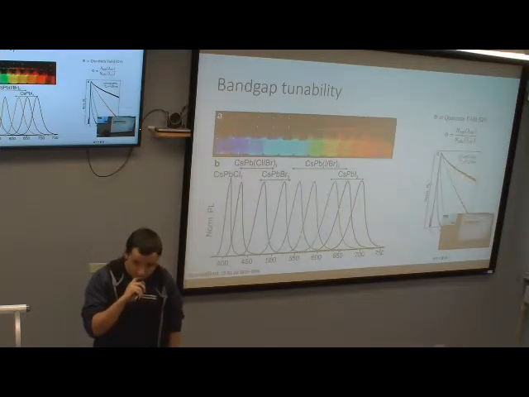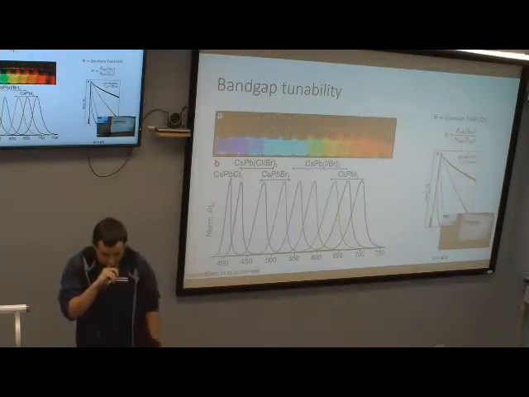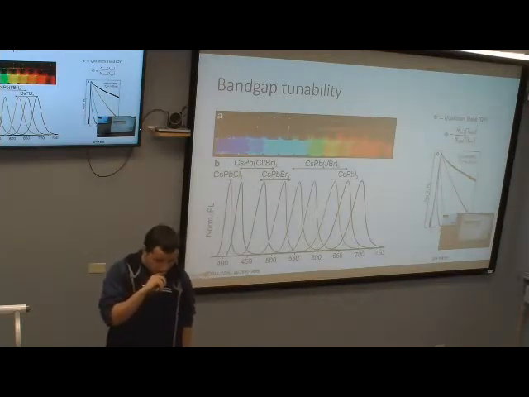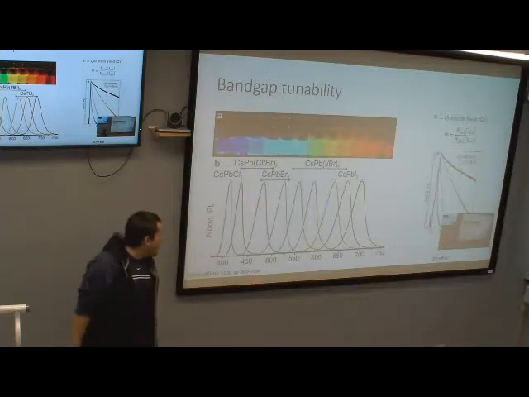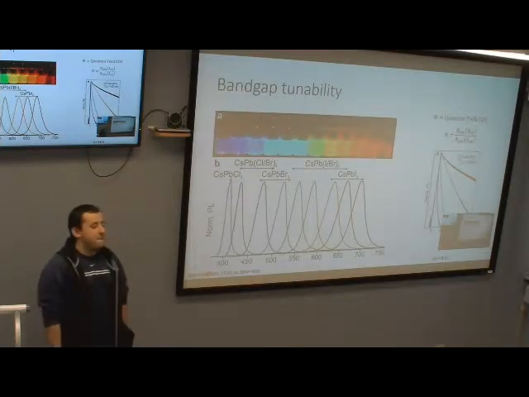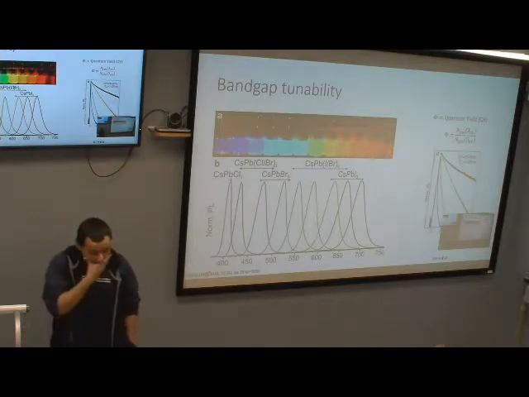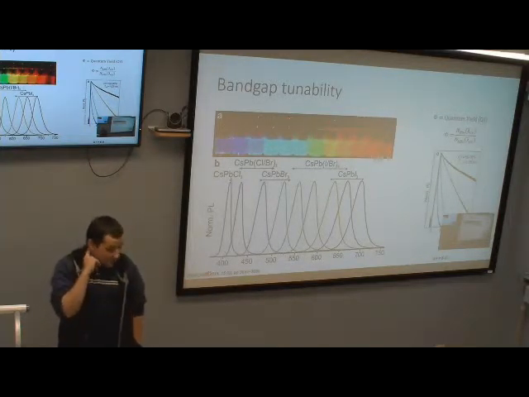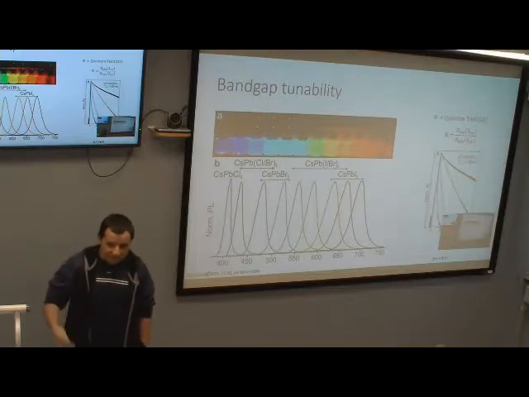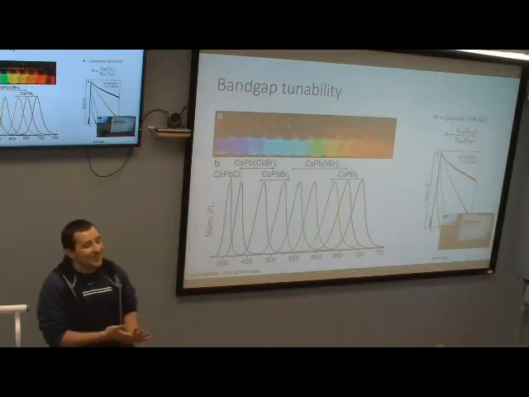So I got a question for you that you might get asked. Why does changing the halide change the color or change the band gap? Why does changing the halide change the band gap or the light emission? Which is changing the band gap too, so that's where it comes from.